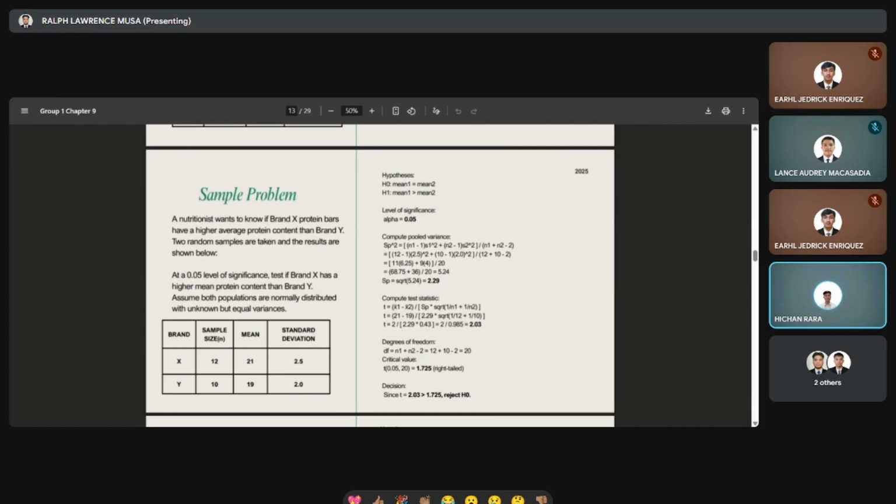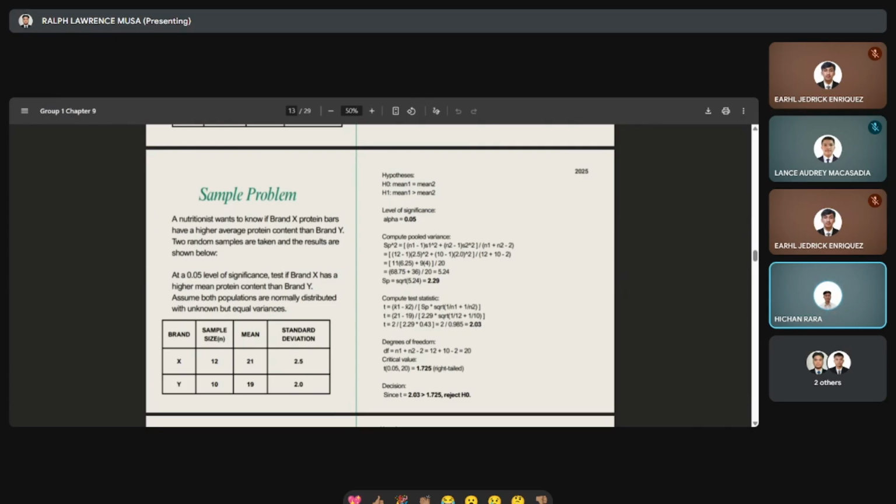Yes, 20. Then, for the critical values, we multiply the level of significance by the degrees of freedom we got, and what we got in our problem is 1.725.